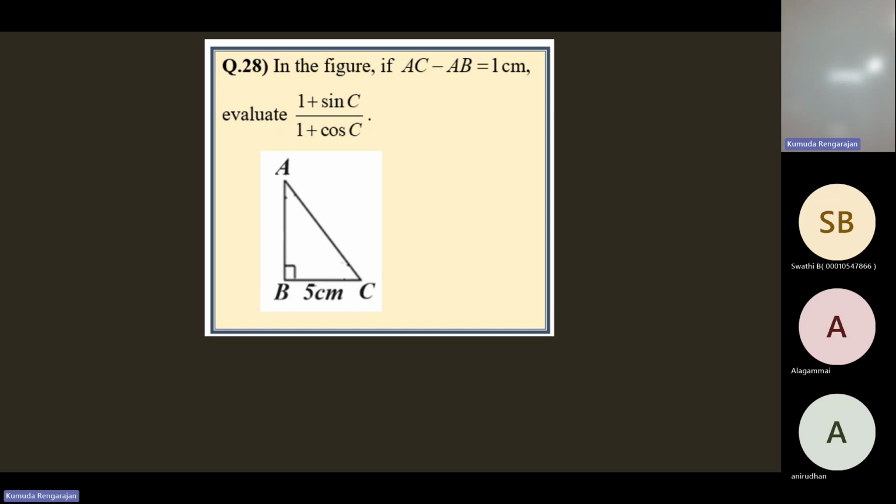No, you have written AC square is equal to BC square plus AC square.